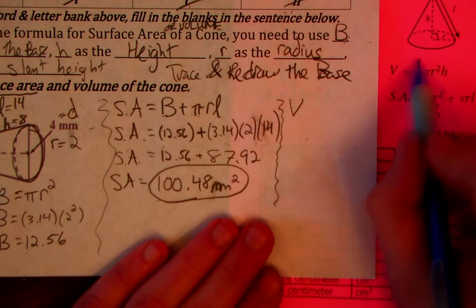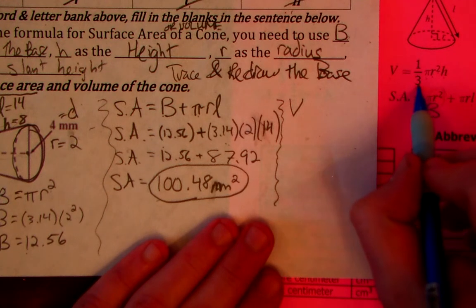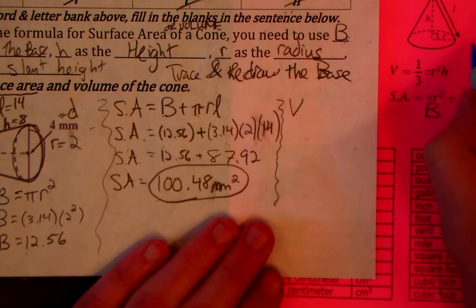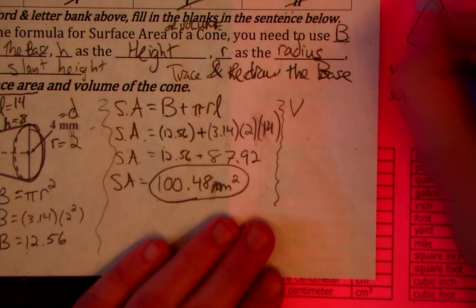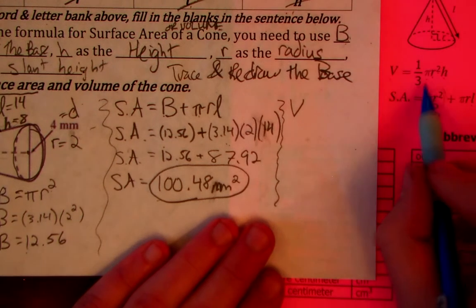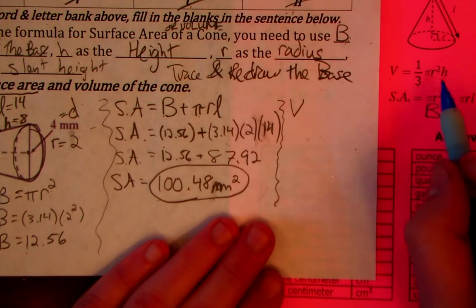Again, I know that says 1/3 right there, and what a lot of people do, a common mistake, is they say 1/3 is equal to 0.3, which is incorrect, and so that's why we just divide by 3 at the end.